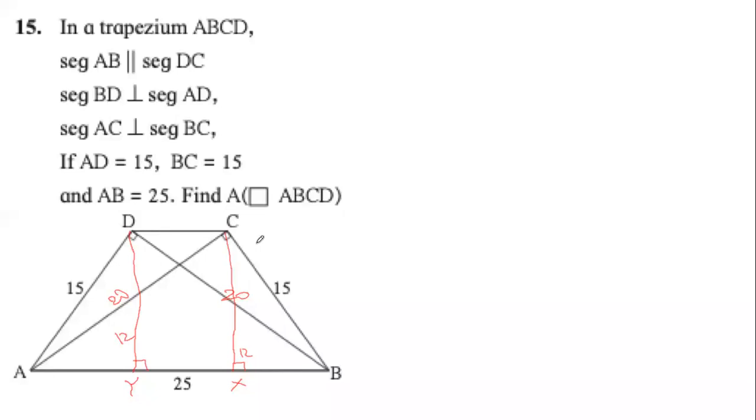So after we have found out the lengths of the diagonals and the distance between the parallel sides, we need to find out the length of this side here, CD. And we already said in the beginning that to find CD, all we have to do is find XY, because clearly quadrilateral CXYD is a parallelogram.